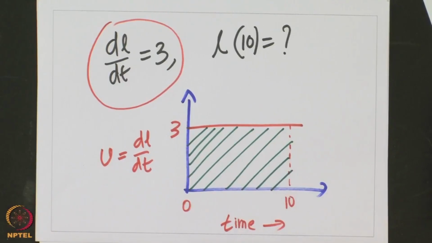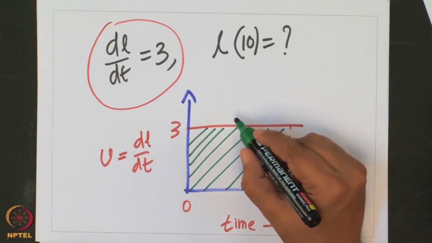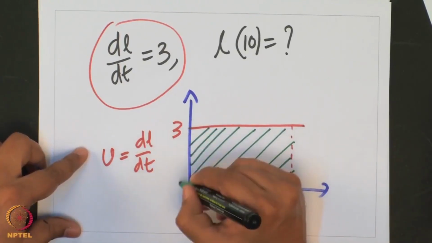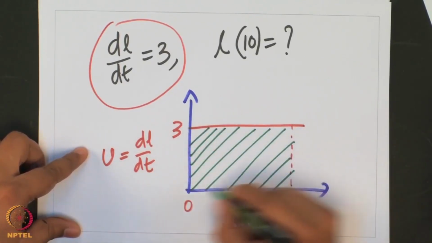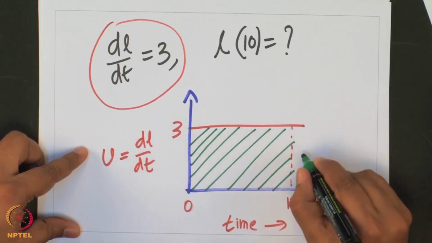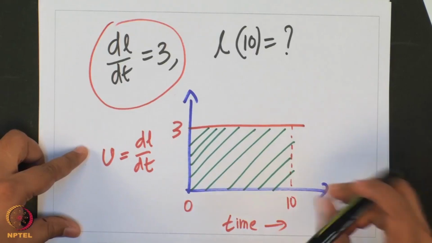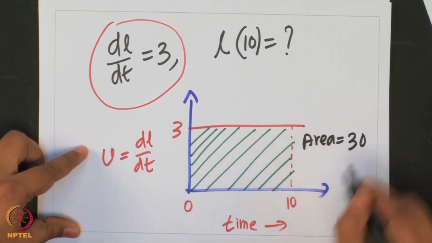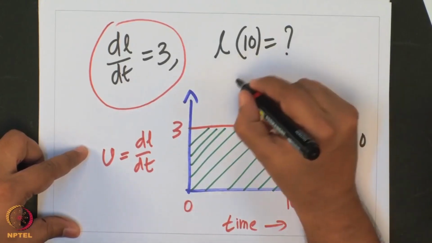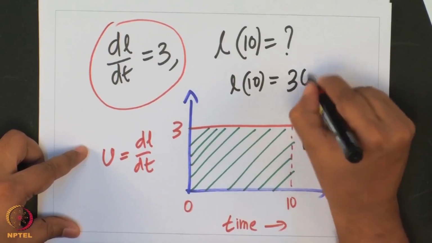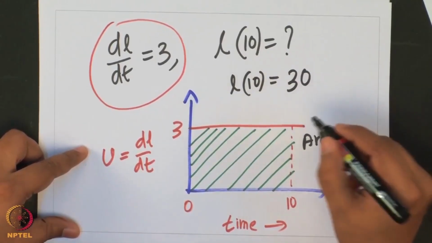We know that the area is going to be 3, which is the height, times 10. So the area will be 30. And this answer L of 10 will also be 30, assuming that L of 0 is 0.